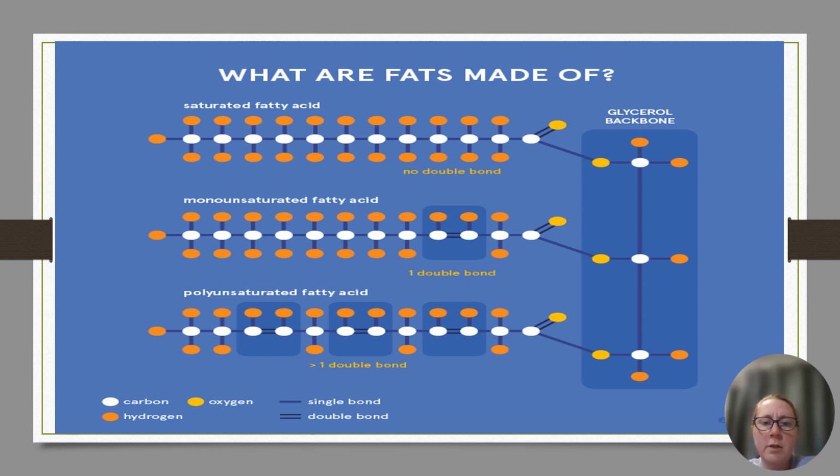So we can see here towards the right, there are two carbons that are double bonded together, and then they have a single bond of hydrogen. The polyunsaturated fat is basically greater than one double bond. So it could just be two. In this illustration, it's three. And that is all, of course, linked to a glycerol backbone that you can see over here to the right.